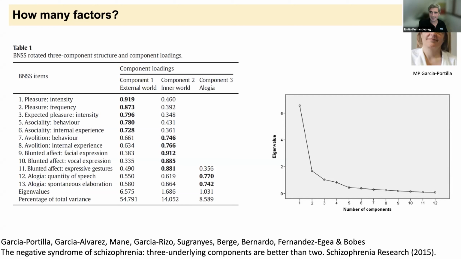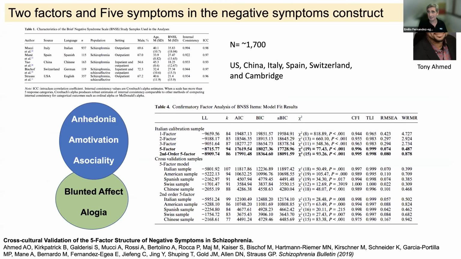Rather than entering the classical argue and counter-argue, what we ended up doing was putting all the information together, working with the people in the States, but also with Italy, Switzerland, and China, and using 1,700 cases that were assessed with the BNSS.